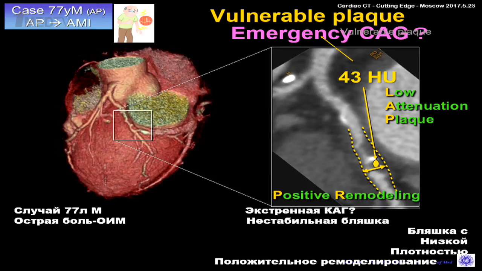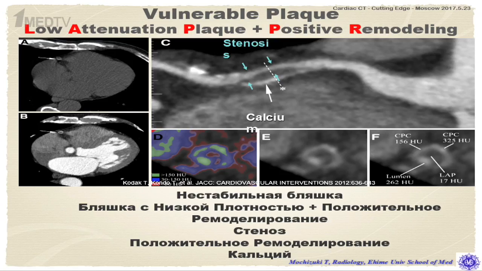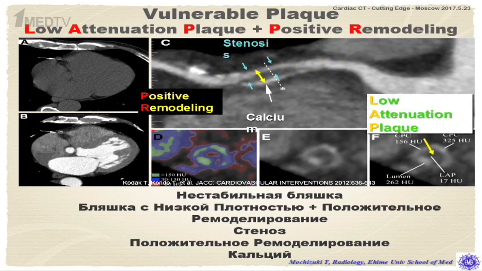So we should have done the emergency coronary angiogram to open it. So again, positive remodeling and low attenuation plaque are the important characteristics of the vulnerable plaque.